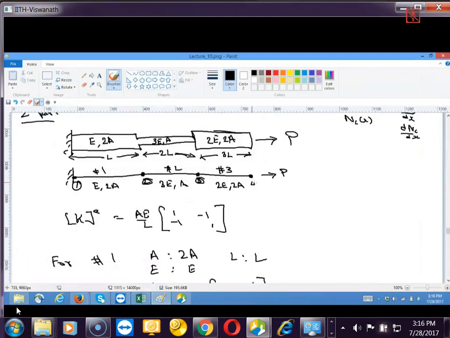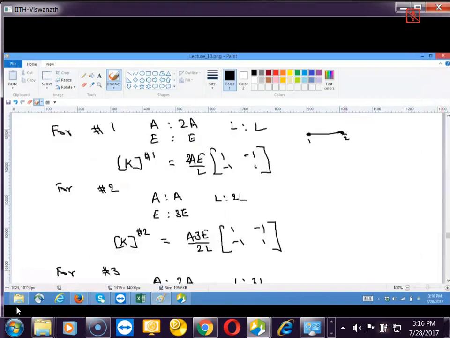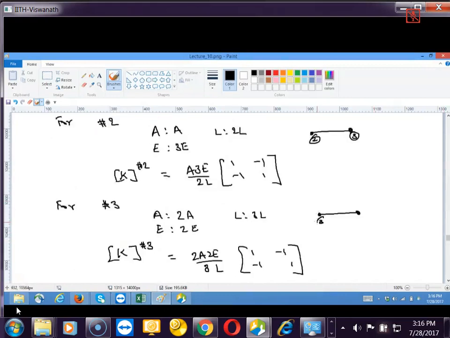So the first element is between node 1 and node 2. The second element is between node 3 and node 2, while the third element is defined between 3 and 4, right?